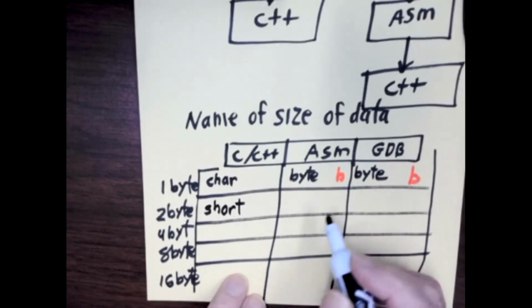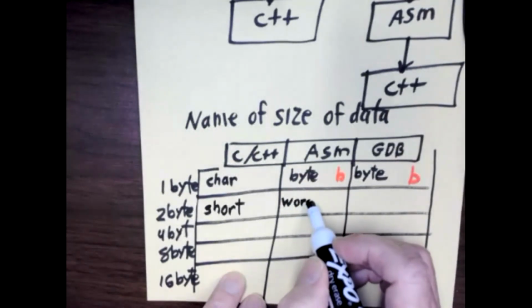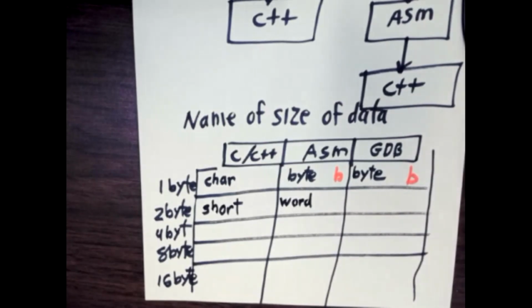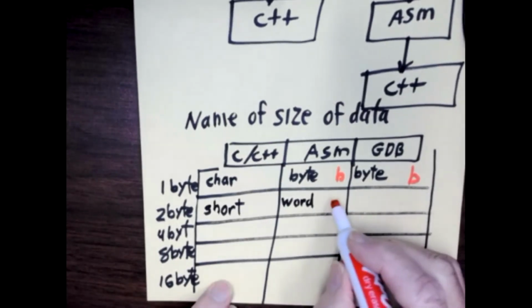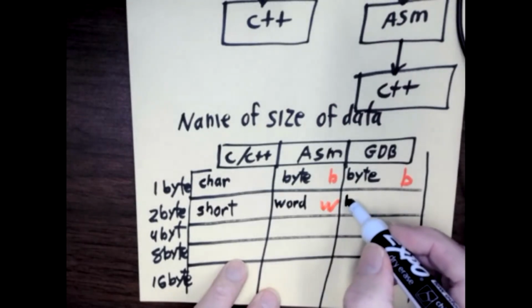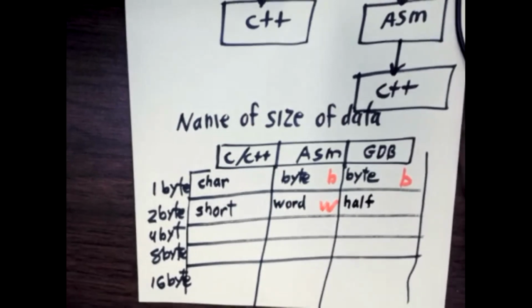And in assembly, that's called a word with a W next to it. And in GDB, it's called a half, with an H next to it.